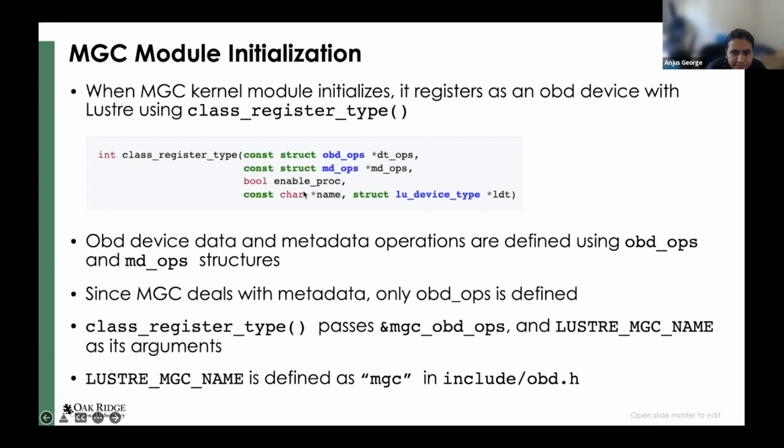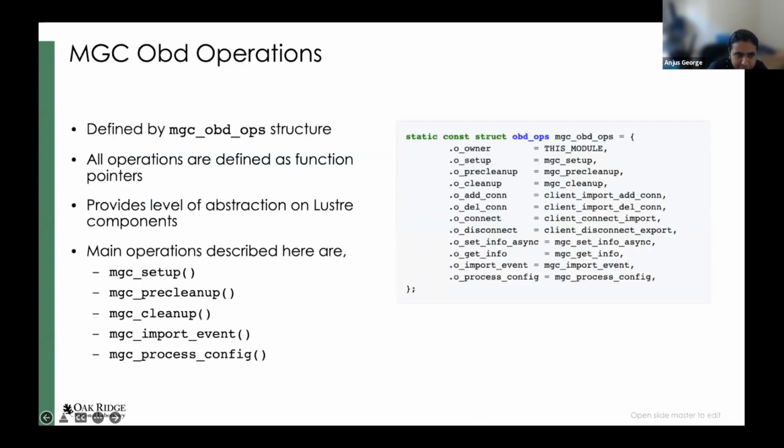The class register type function passes MGC OBD ops and Lustre MGC name as its arguments. Lustre MGC name is defined as MGC in the obd.h file. The MGC OBD operations are defined by the MGC OBD op structure as shown here.